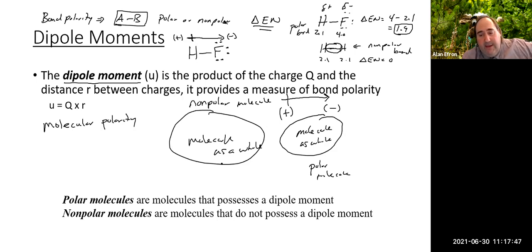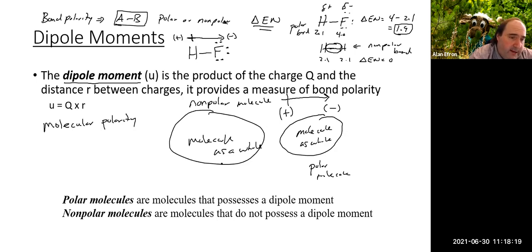Essentially, there is really no side of that molecule that is more negative than the other. You could say it's sort of neutral in that sense. There is no positive side or negative side. That's different than in a polar molecule as a whole, where there is definitely a side that is more positive based on the way the electrons are being shared overall, and a side that is more negative.